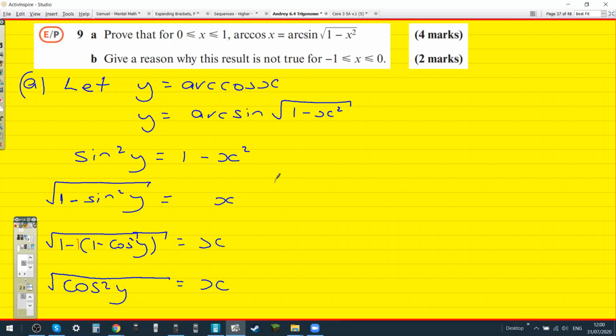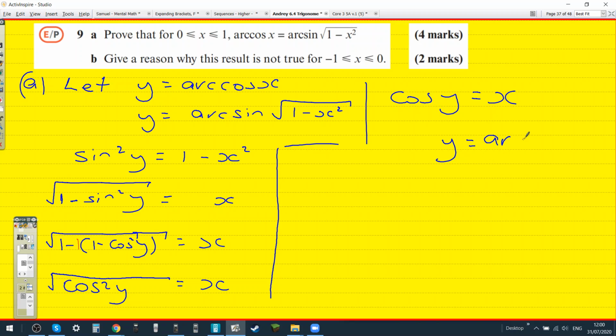Yeah. So x squared equals cos squared y. Hold on. The square root of cos squared? The square root of cos squared y is just cos y, equals x. Cos y equals x. What's y equal to? Arc cos x.